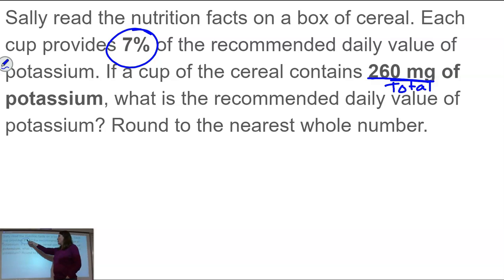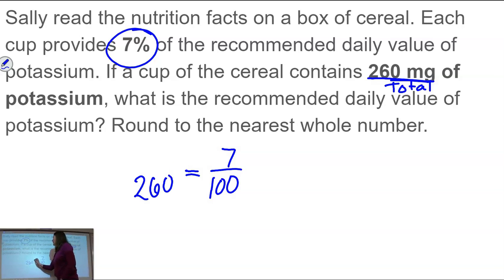So I can change this 7% to a fraction, so 7 out of 100. And I know that 260 is my whole. So I'm going to put 260 as my whole. And I need to figure out what is the recommended daily value, or my part. So I'm going to put P for part.